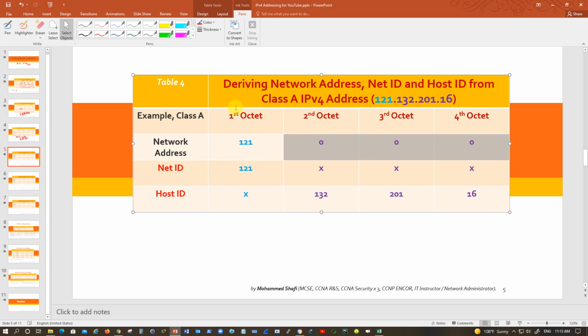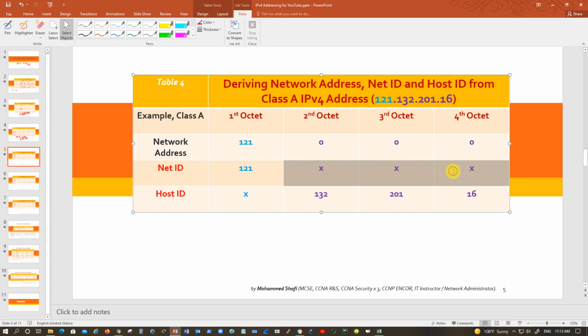121.0.0.0. By looking at the first octet, because it lies between 0 and 127, this belongs to class A. So when it is class A, for sure only the first octet is reserved for net ID, and the remaining are for host ID. So the net ID will be only 121. You are not required to fill in the rest.